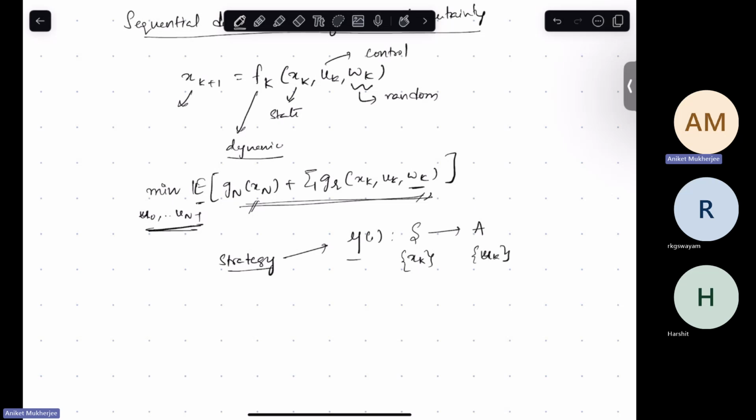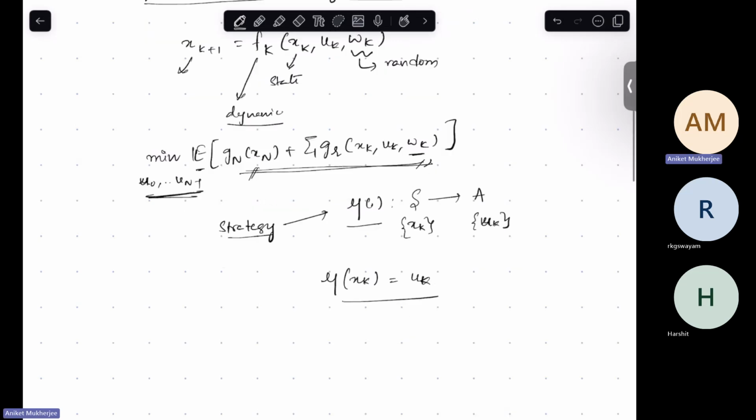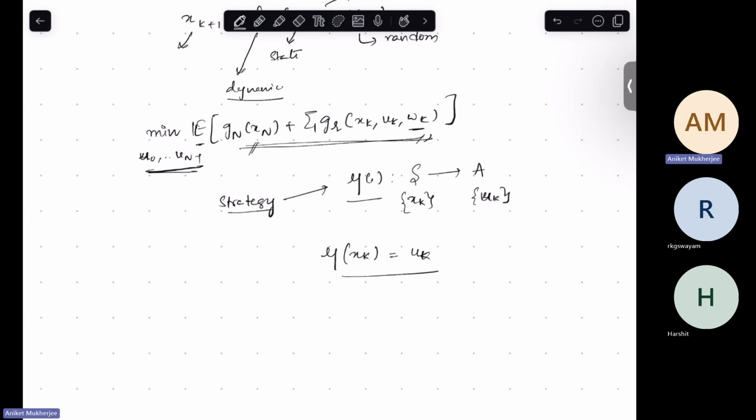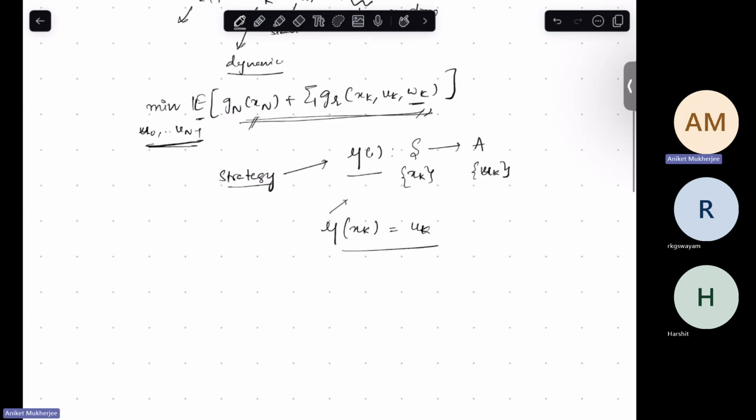So what this strategy tells is, given that you observe you're in state x_k at time k, you take action u_k. The strategy gives you the action. So instead of searching over real numbers and vectors, you're searching over functions, right?